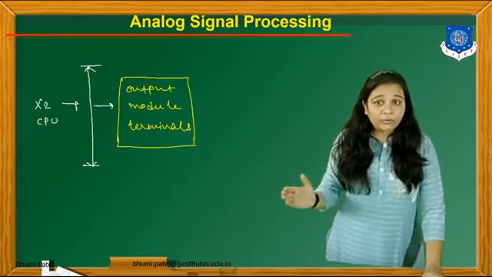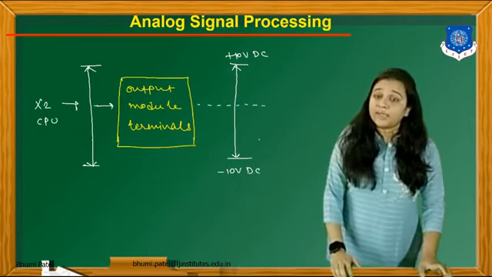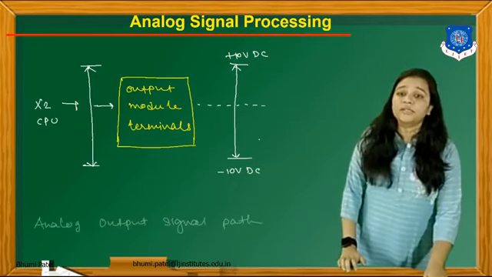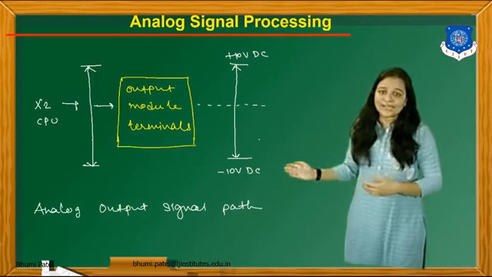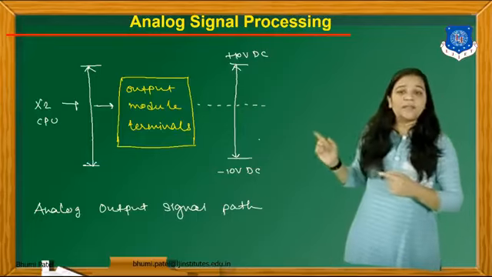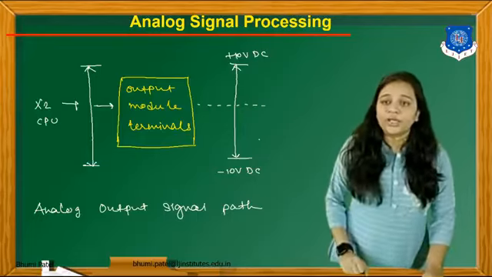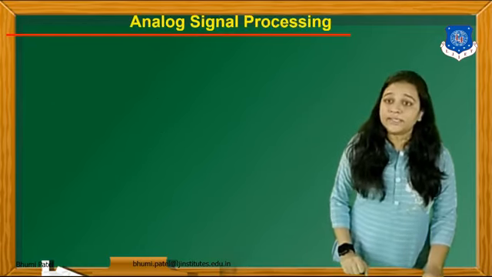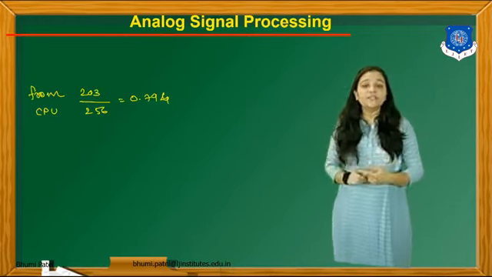Then we take one output module terminal and convert this 0 to 256 into minus 10 volt DC to plus 10 volt DC. So this is the diagram for the analog output signal path. For that, what is the calculation? From the CPU, what is the number?